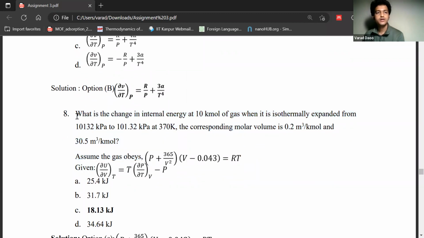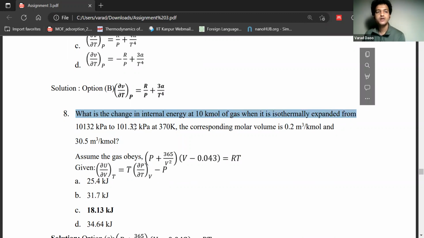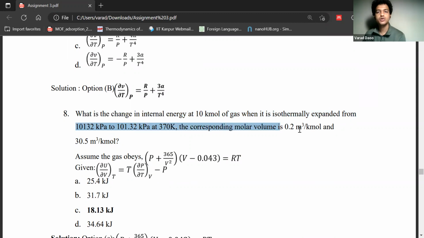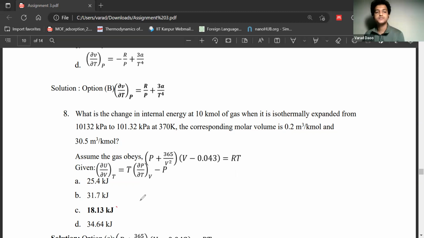Okay, what is the change in internal energy of 10 kilomole of gas when it is isothermally expanded from this pressure to the corresponding molar volume of this, and the equation of state has been given, and this is also given. What we are asked is to find the change in internal energy, right? This is nothing but the van der Waals equation of state, with A and B values given. So this we can discuss in the next class.